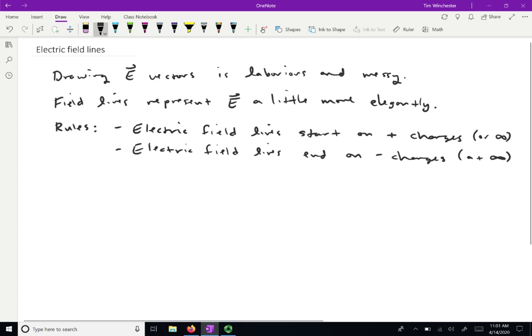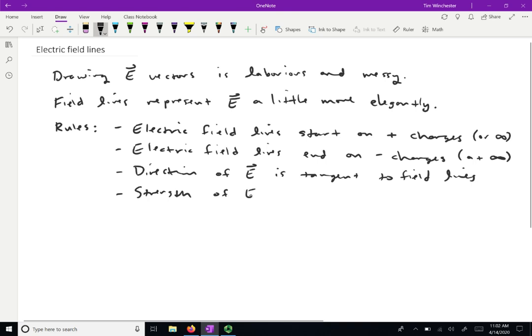The direction of the electric field is tangent to the field lines, and the strength of the electric field corresponds to the line density.